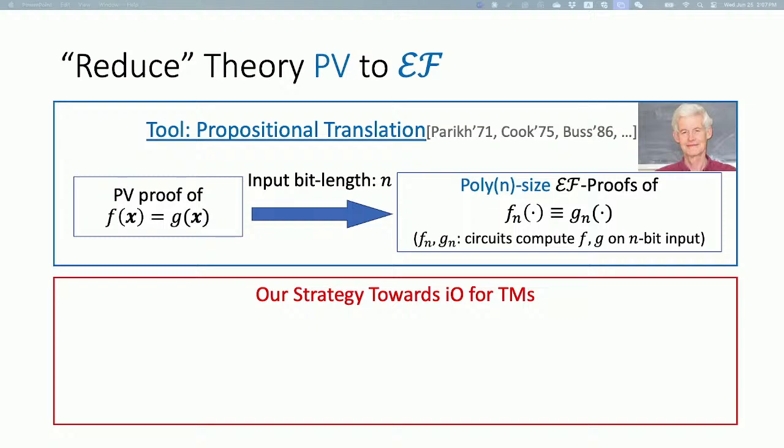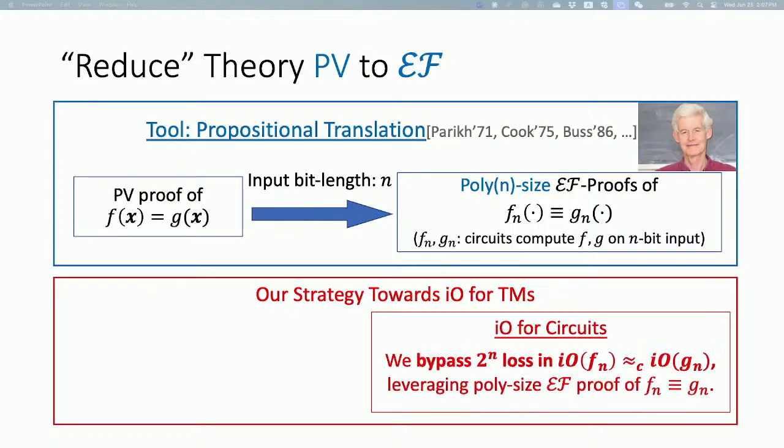Given this propositional translation, our strategy to build iO for Turing machines is as follows. We're going to first build iO for circuits, for any two circuits Fn and Gn, and we're going to bypass the input length loss in the construction of this iO for circuits, leveraging this polynomial size extended Frege proof of functionality equivalence.